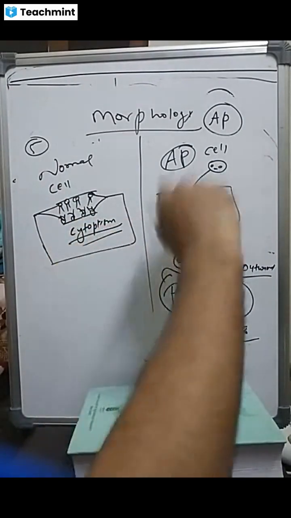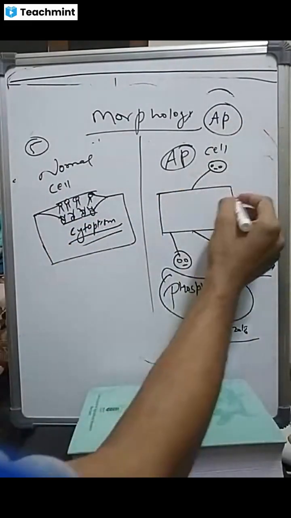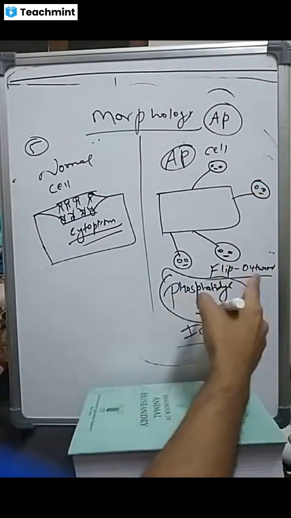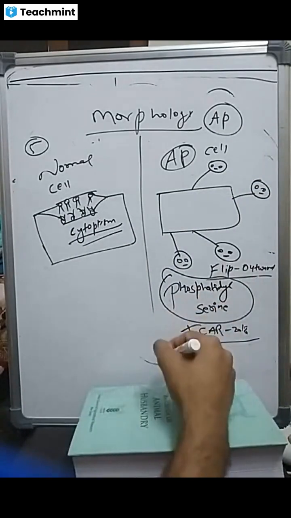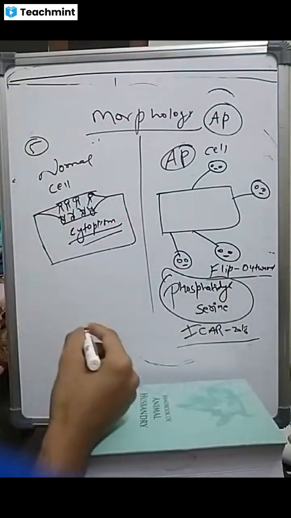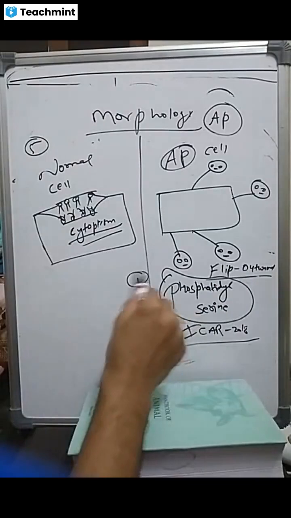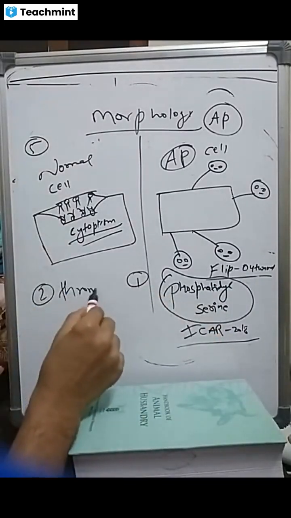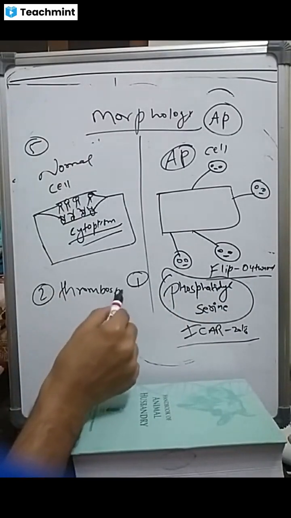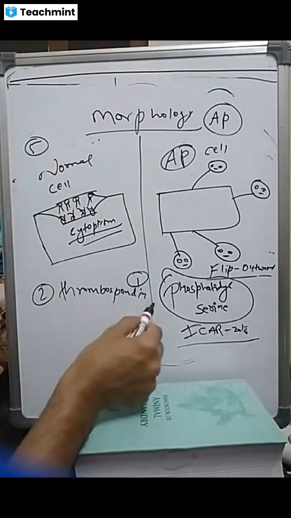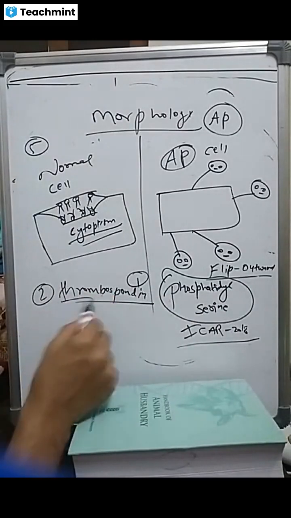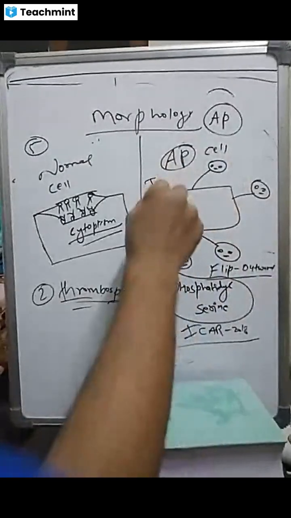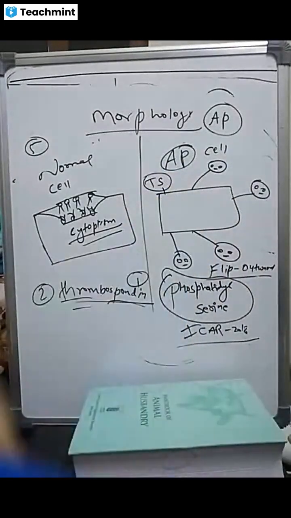But in this case, they flip outward, on the outside: phosphatidylserine. There is phosphatidylserine and one more molecule, thrombospondin, that also expresses on the apoptotic cell.